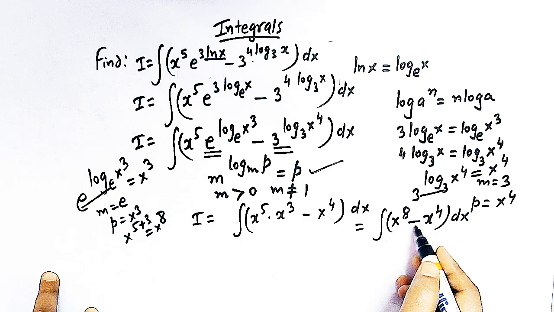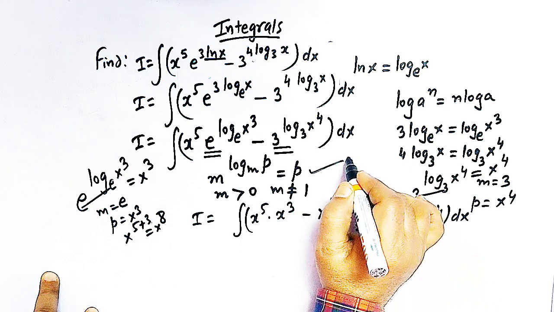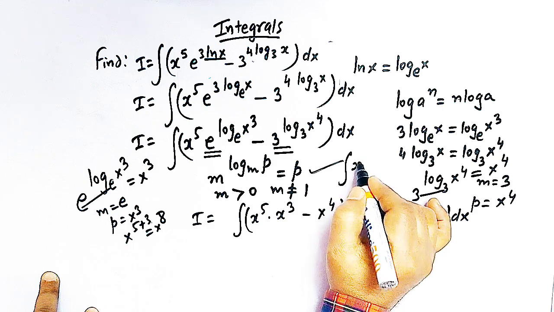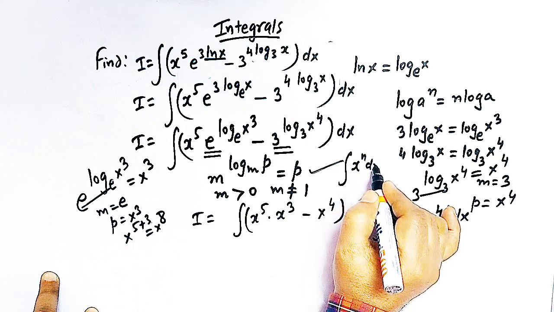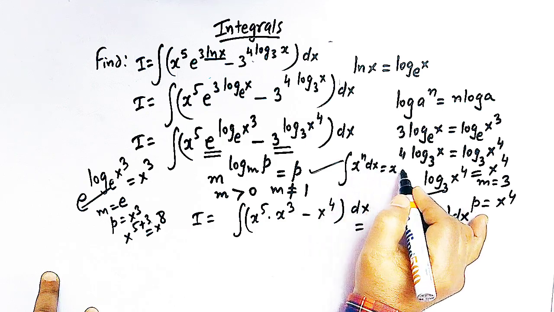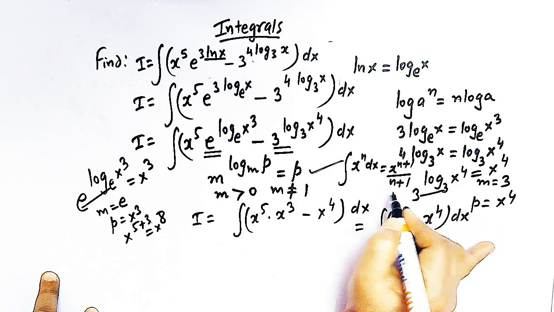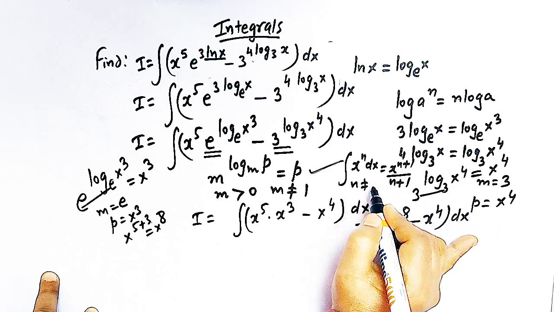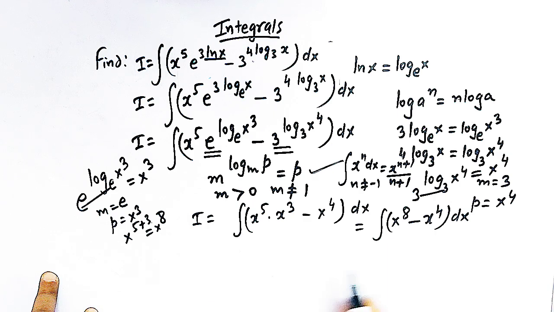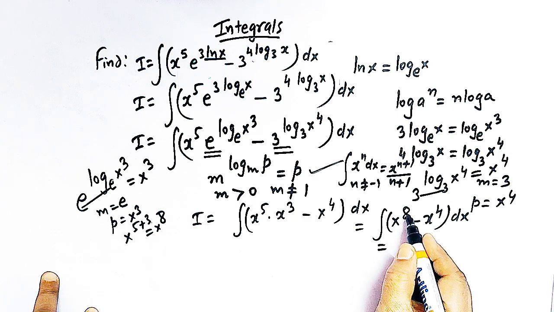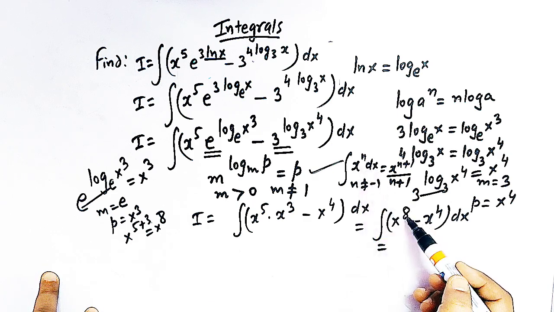Now we can simply integrate these two terms by using this rule, that is integral x raised to n dx is equal to x raised to n plus 1 over n plus 1, where n is not equal to minus 1. So here in the first case we have the value of n as 8.